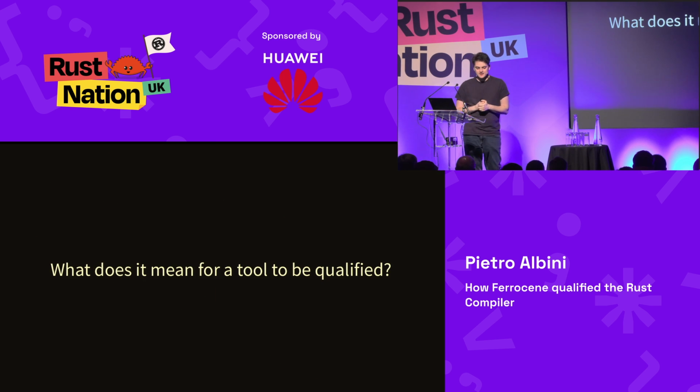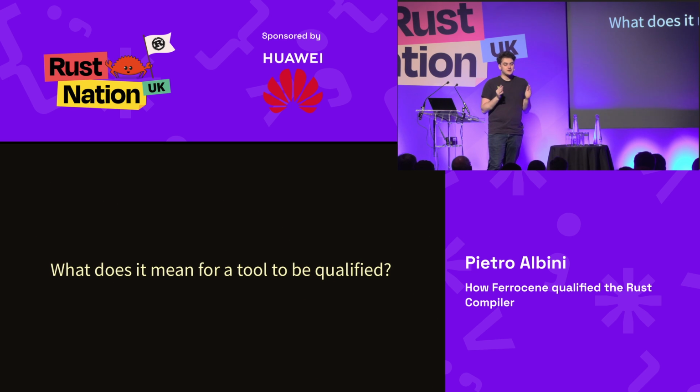But what does it actually mean for a tool to be qualified? And for context, in the rest of the talk, I'm going to cover only qualification, not certification. A tool being qualified doesn't mean that it doesn't have bugs, because you cannot write a program that doesn't have any bugs.